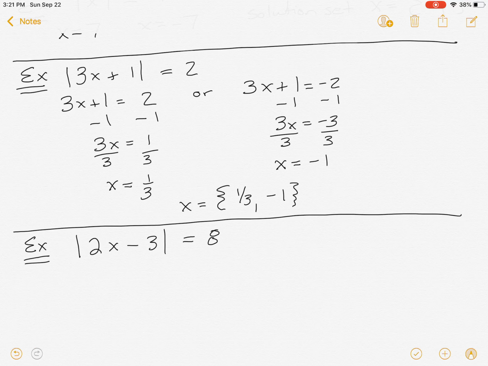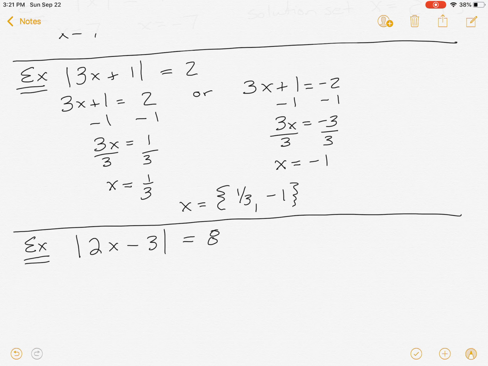I know that you've been told that the absolute value makes everything that comes out positive, but when it's in terms of an expression, the expression comes out just like it is in the absolute value. So what I'm going to set up here is 2x minus 3 is equal to 8, or 2x minus 3 equals negative 8.